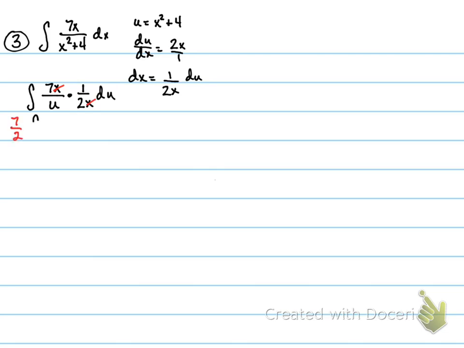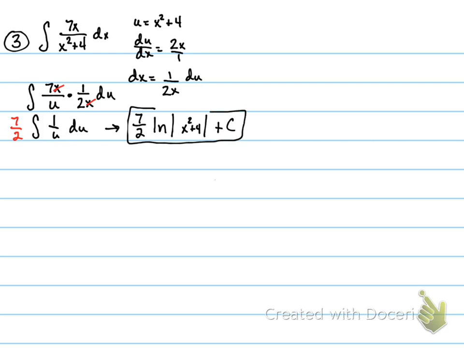Now we're just left with the integral of 1 over u du, and that is very nice and easy to take the integral of. So we're left with 7 over 2 ln of u plus c. We can plug back in for what our u was, which was x squared plus 4. And so that is our final antiderivative for number 3.